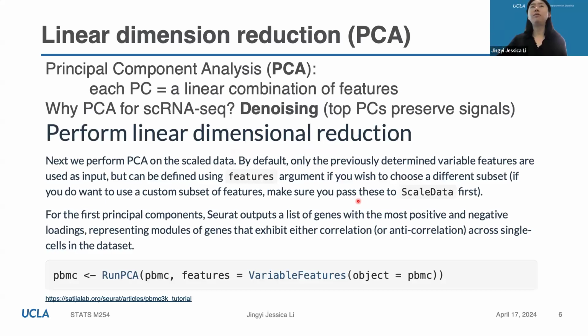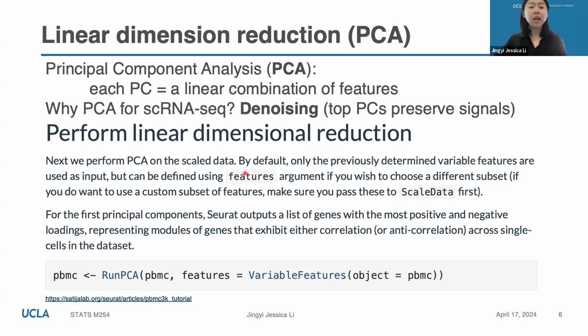Then this is from Seurat. The step: perform linear dimension reduction. Only the previously determined variable features, that is, the highly variable features, are used as input, but this can be defined using the features argument. So in the RunPCA function, there's a features argument if you wish to choose a different subset.